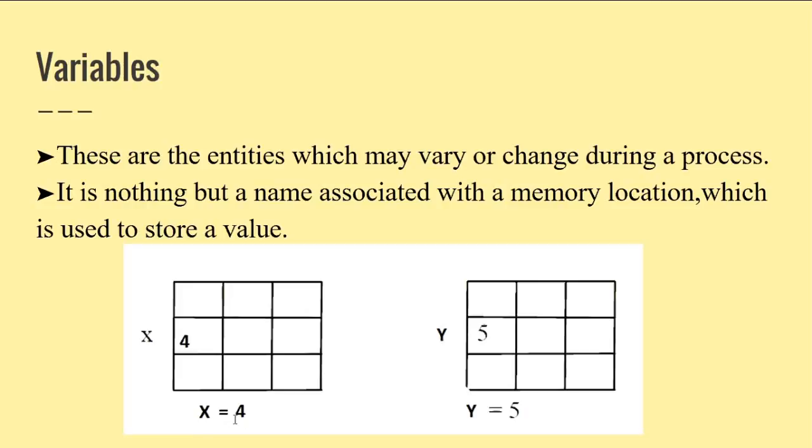Instead of 4 we need to write 3. Similarly here 5 is stored in this memory location and the name given is y, so we write y equals to 5. So what is a variable? A variable is nothing but the name which is associated with a memory location, any memory location, not specifically this. So this was all about variables. Not too difficult. It is analogous to the variable in mathematics.